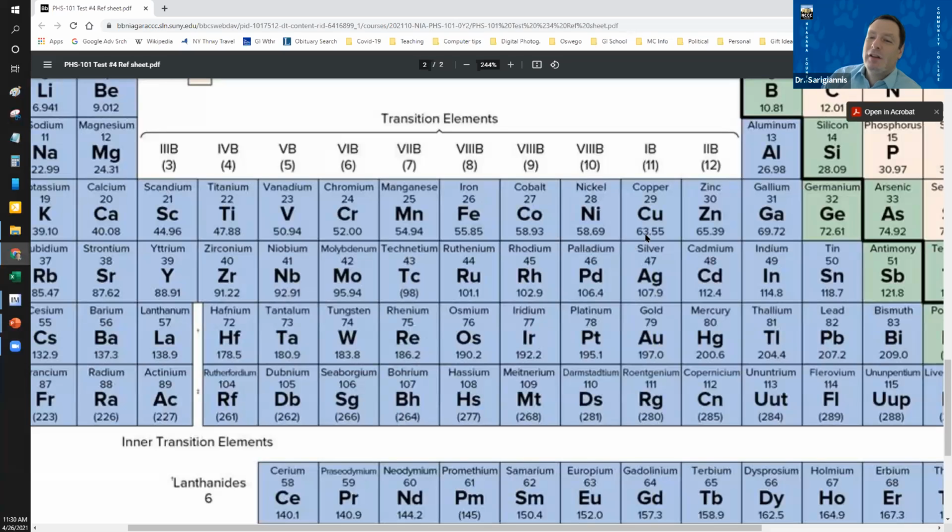And this is, remember, not the number of neutrons and protons in one atom, right? This is the statistically weighted average.